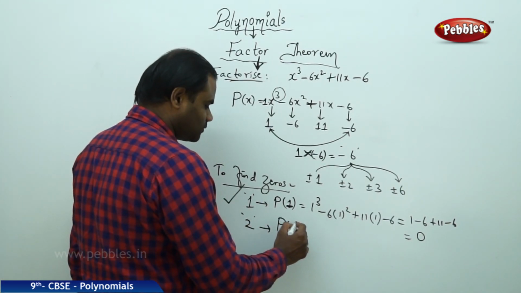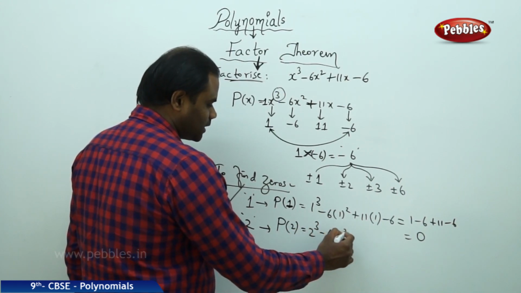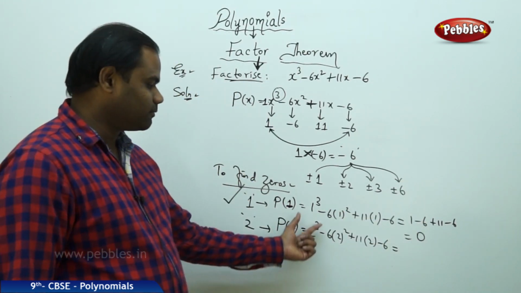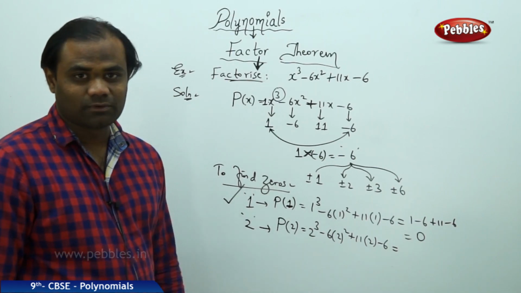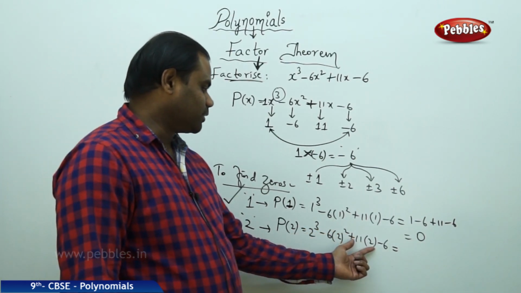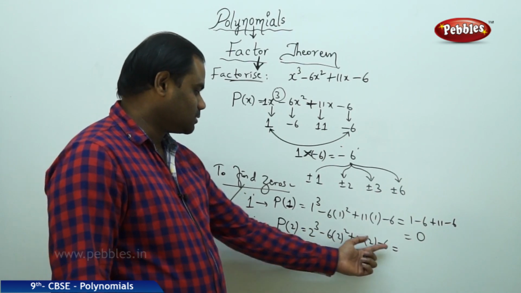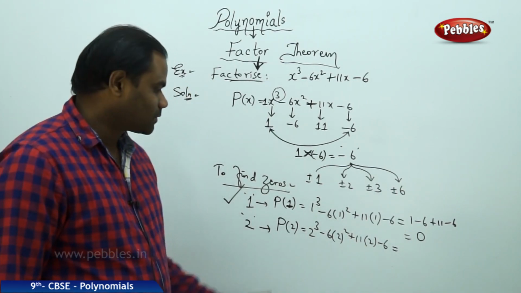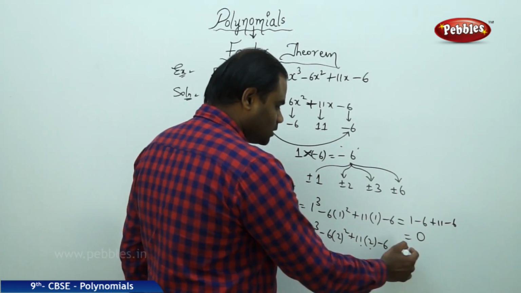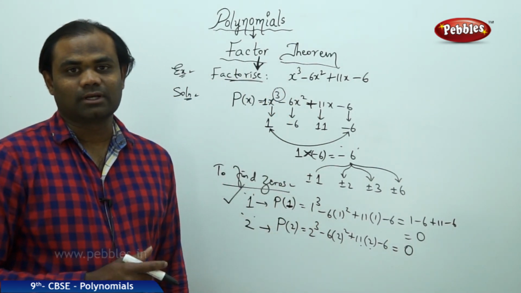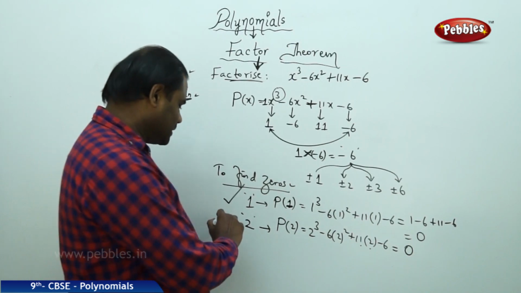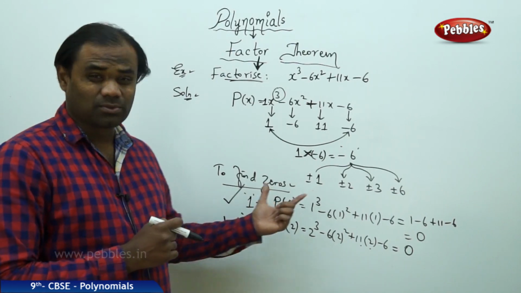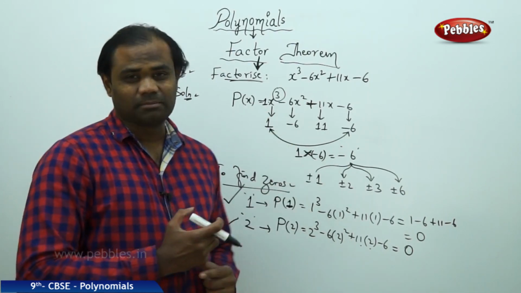So I get p of 2, which is 2 cubed minus 6 times 2 squared plus 11 times 2 minus 6, which on further simplification gives 2 cubed, which is 8, minus 6 times 4, which is 24, plus 22, which is 11 times 2, minus 6. This gives 0 on complete simplification. Therefore, I clearly identify that x equal to 2 is a linear factor, or x equal to 2 is a zero of the given polynomial p of x.